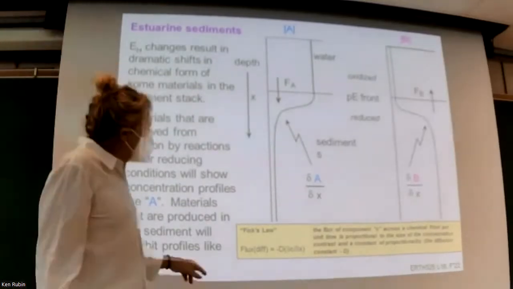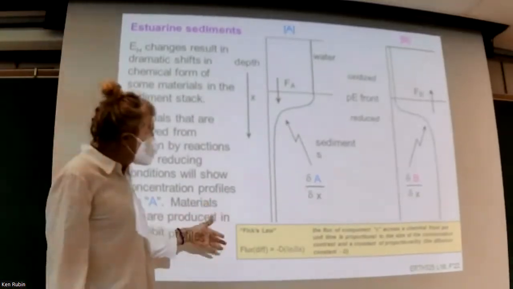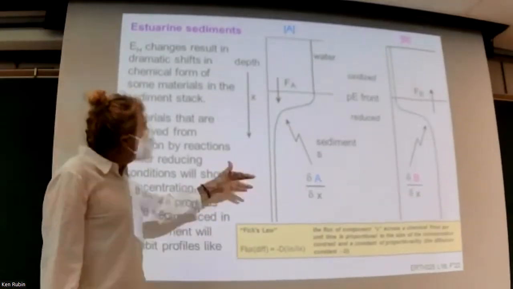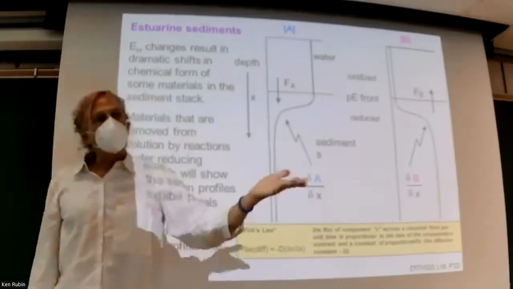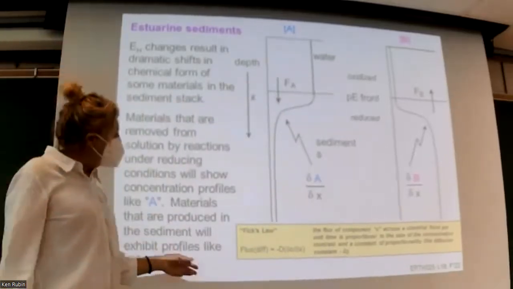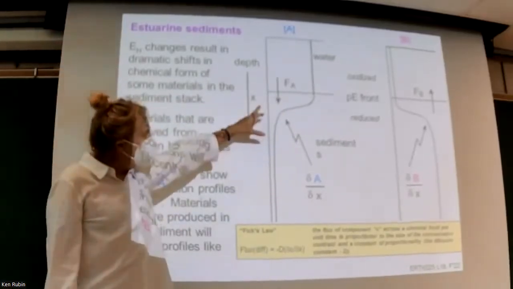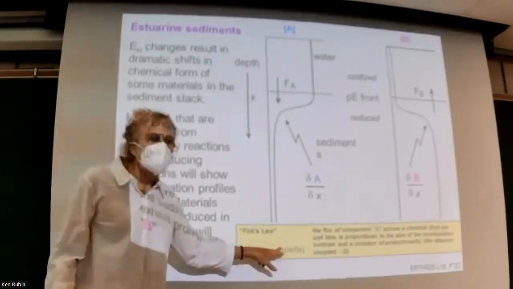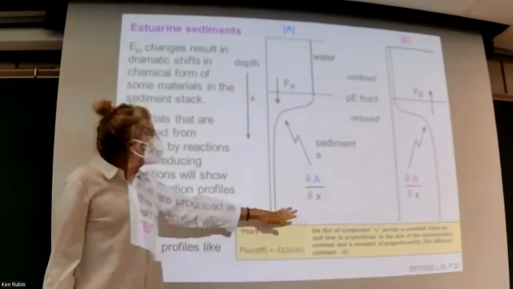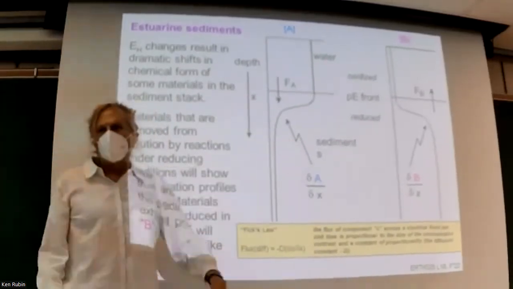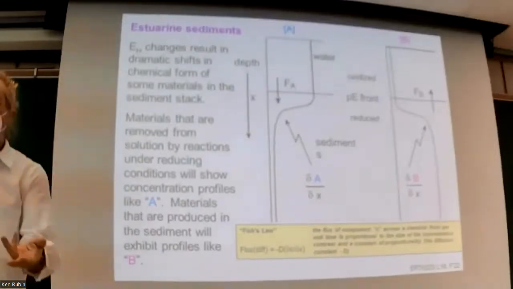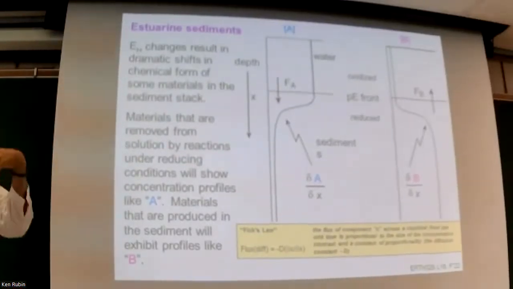I've written down here something called Fick's law. Fick's law is a simple statement of how much diffusion happens, how much do we predict? It basically says that the flux, this thing F, is a constant of diffusion, which is a characteristic of the sediments. Like how porous are they? What temperature is it? When we're in water, right?